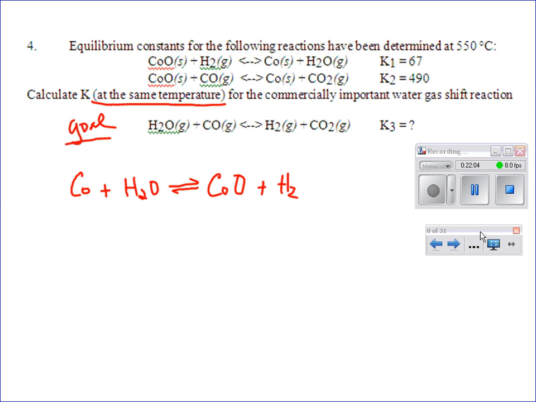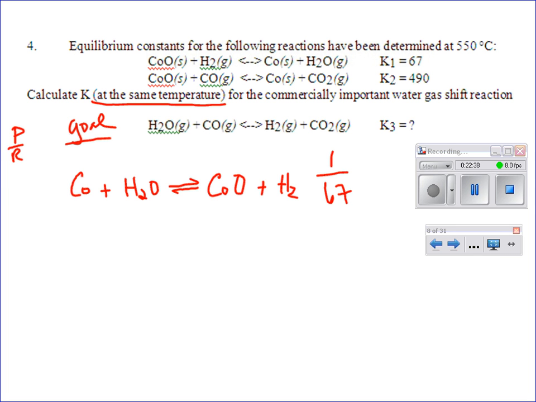Since I reversed the equation, what do I do with the K? Reciprocal. So we do 1 over 67. Be careful. Don't fall into that trap of making it negative. That's thermochemistry. Exothermic becomes endothermic. Because remember, this is a product over reactant issue.